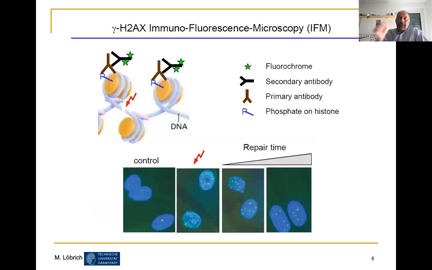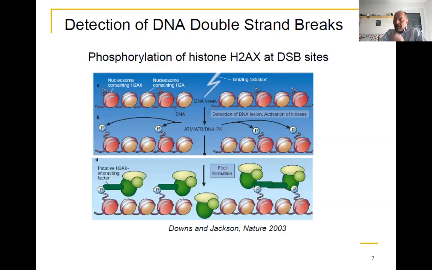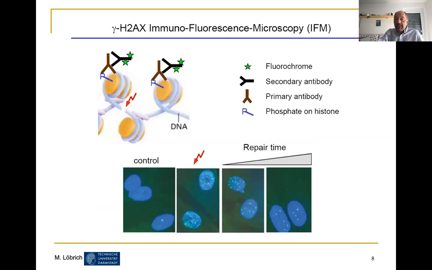Why is it so big? Because, for some reasons not properly understood, at least not yet, the phosphorylation around the double-strand breaks spreads over about 1 megabase pair. So even if you make a small DNA damage, the whole string, about 1 megabase pair around the DNA lesion, is phosphorylated. So this gives you this impact.